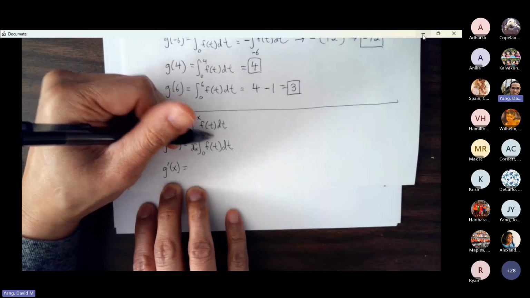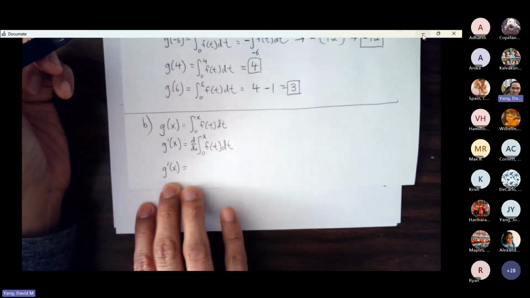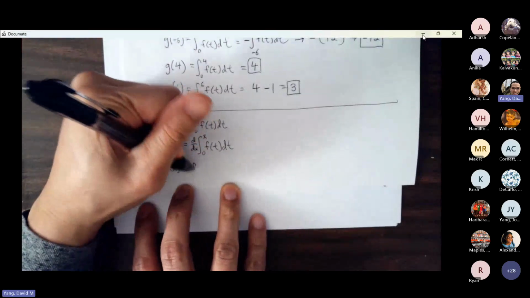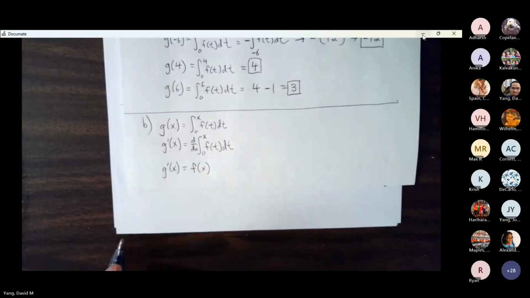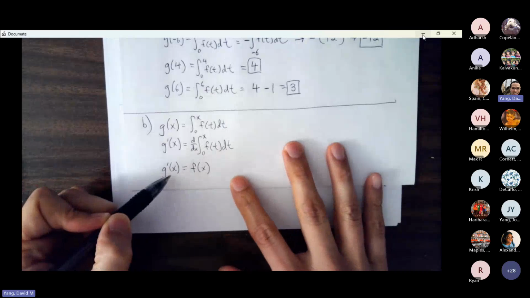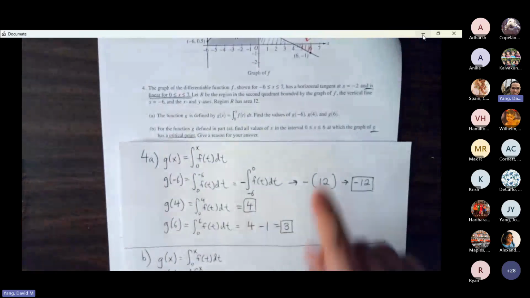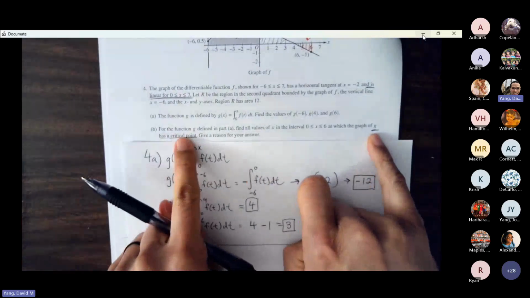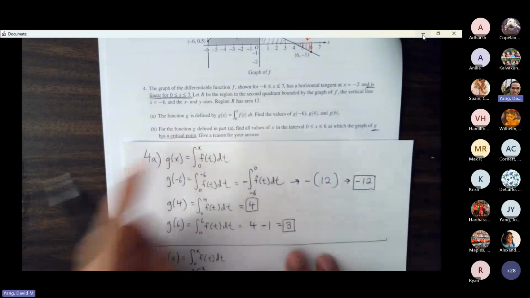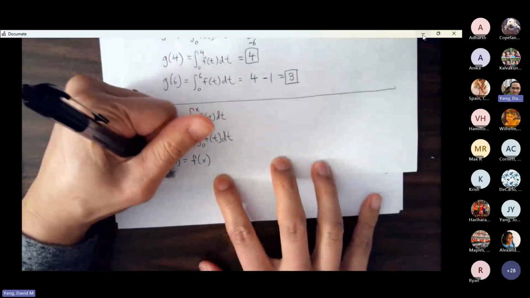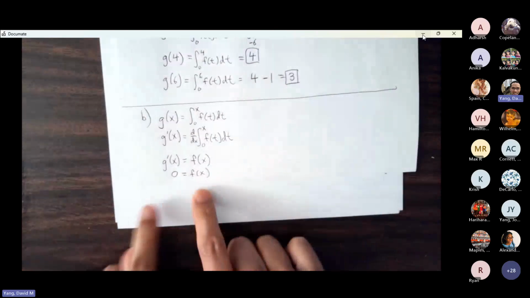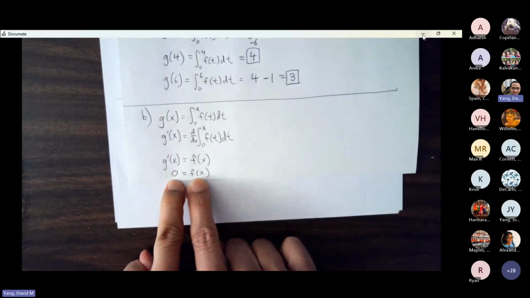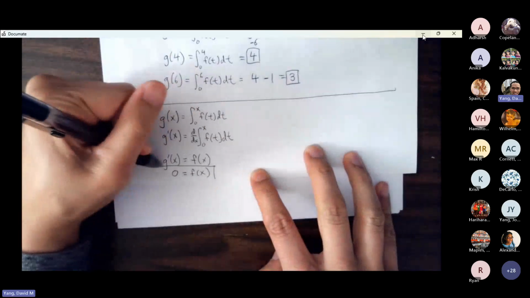I'm just left with f, with the variable replaced to be x as well. So g prime is simply f. And we just want to find where g prime is equal to 0, right? Because we know critical point ultimately is setting the derivative of g equal to 0. So we'll set g prime equal to 0. So our critical point is basically going to exist whenever our f of x is equal to 0.